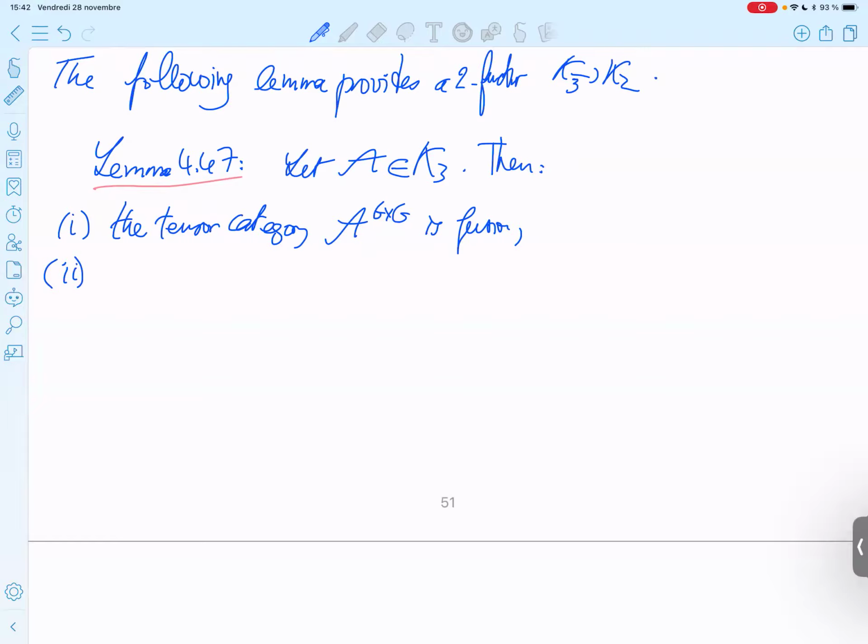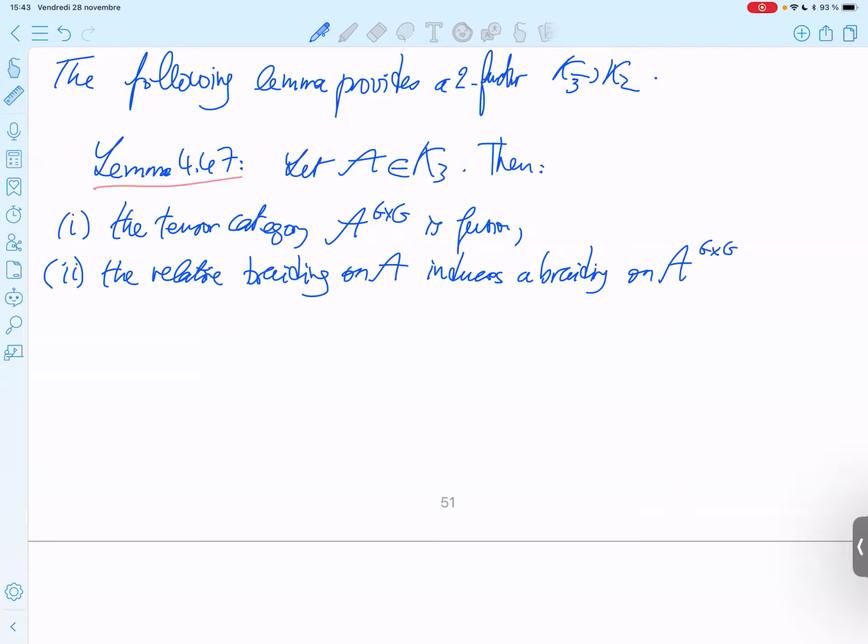Second, the relative braiding on A induces a proper braiding on the equivariantization A^(G cross G).